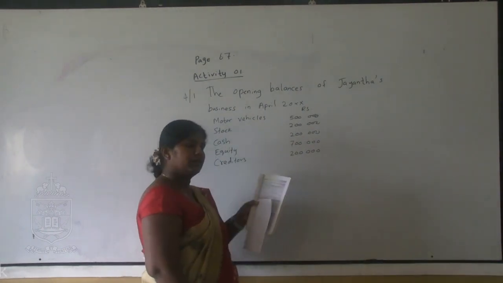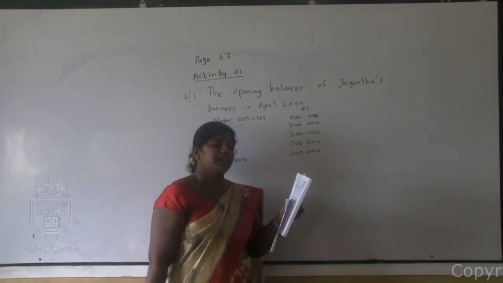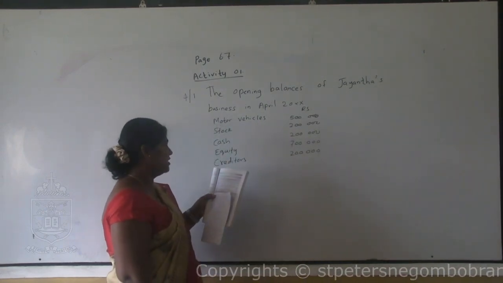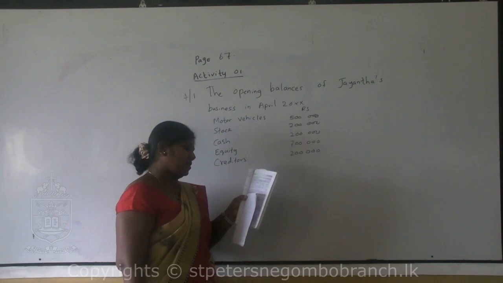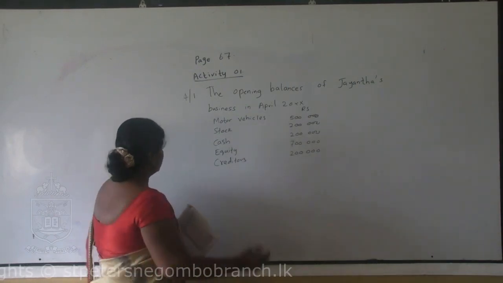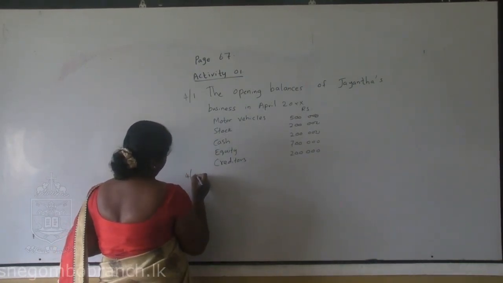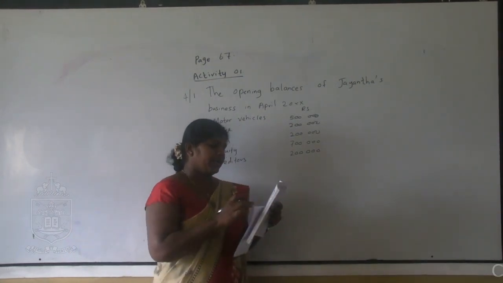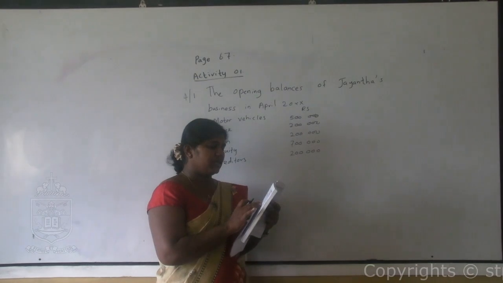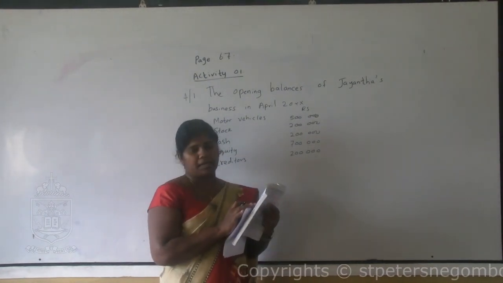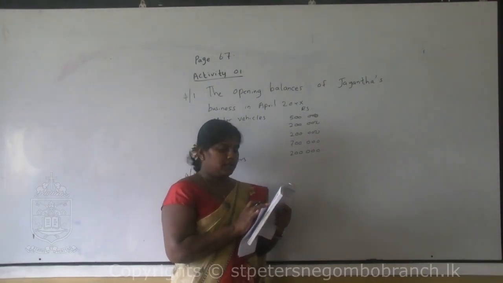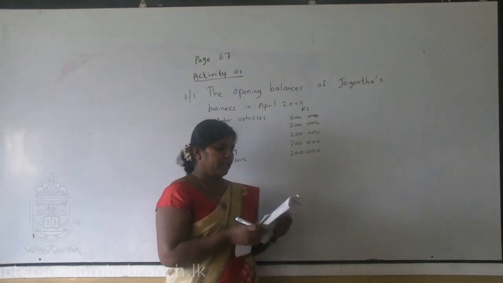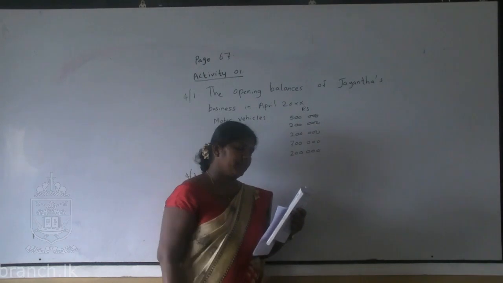Next, now you should consider the date. On the 3rd of April you have been given a transaction, so the next transaction will start from the 3rd of April. Here, children, cash increases. Always consider the symbol given, plus or minus. Cash plus value 300,000, equity plus value 300,000.